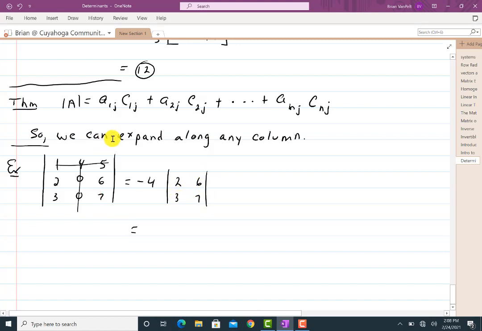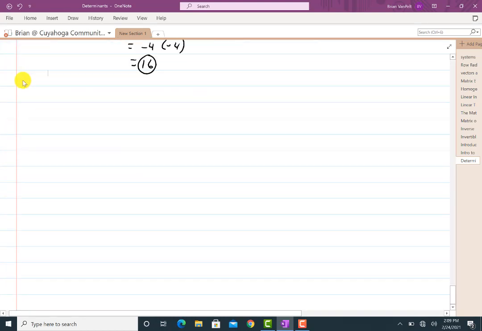And the zeros just zero out whatever determinants I would have in place of them. Negative 4 times 2 times 7 minus 3 times 6. Negative 4. Let's see, we'd have 14 minus 18 is also negative 4. So you can see if you got some zeros in there, you can make quick work of these matrices and their determinants.